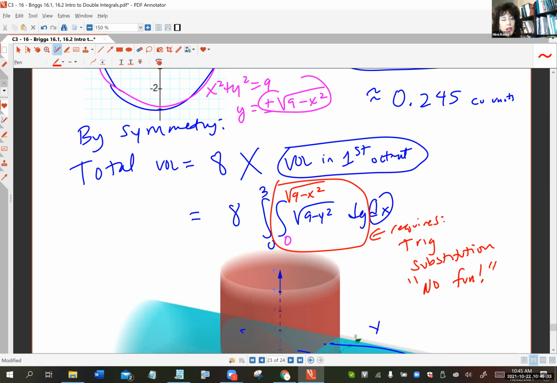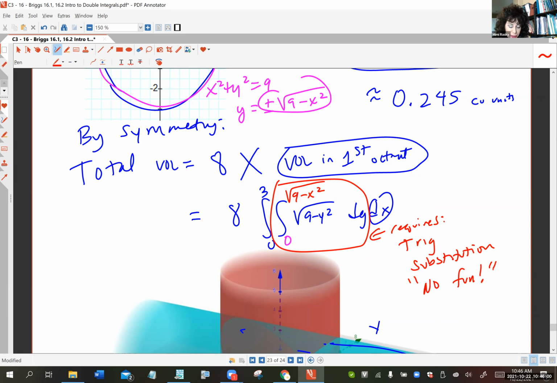So I try to avoid any problems where I have to do trig sub in this class. So during a quiz or during an exam in my class, if you find you're in the middle of doing a trig sub question, stop yourself, take a deep breath, and start over. Because I never make you do that here.